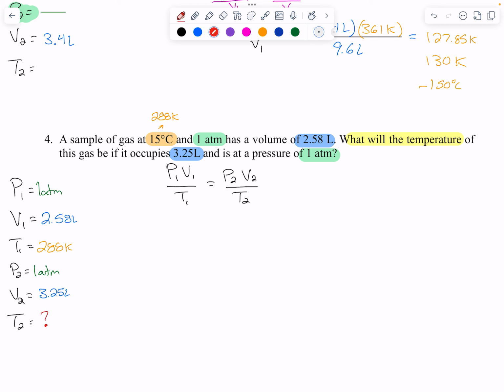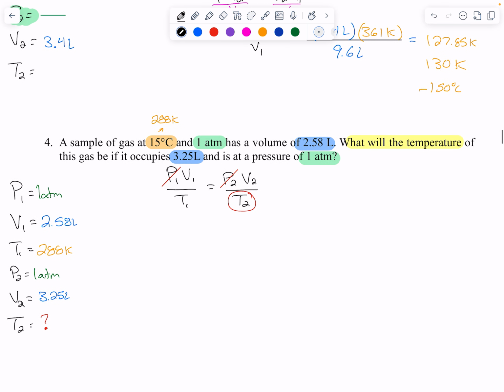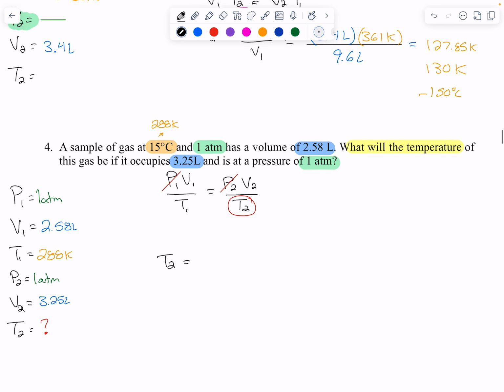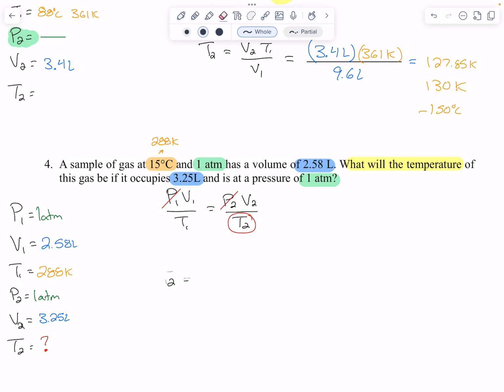All right. Well, we can cancel out P right away because it's the same. And we're solving for T2 just like we did above, same derivation. Let's just do it all. So cross multiply.